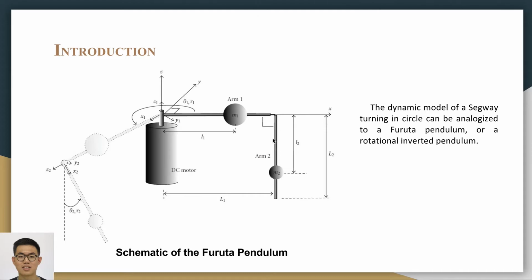The turning radius corresponds to the driven arm 1 in the Furuta model, which can freely rotate about a center point z-axis in the horizontal plane. The control arm corresponds to the pendulum arm 2 in the Furuta model, which can freely rotate in the vertical plane perpendicular to the horizontal plane.